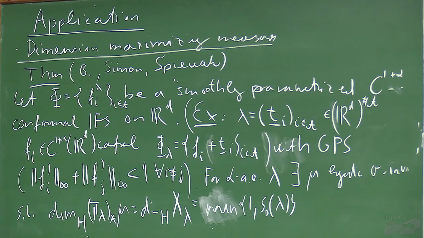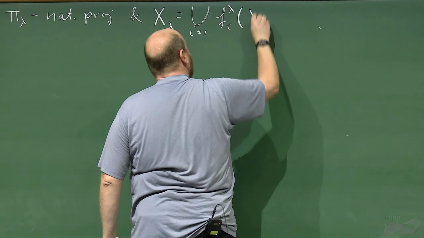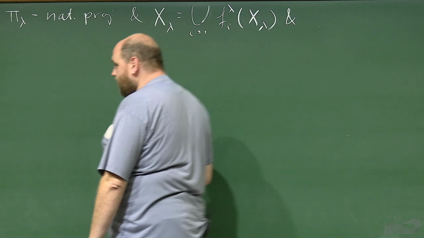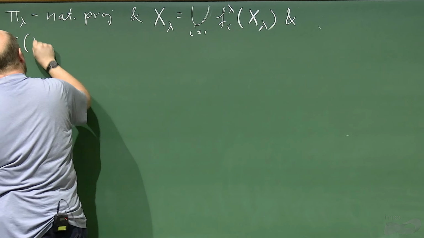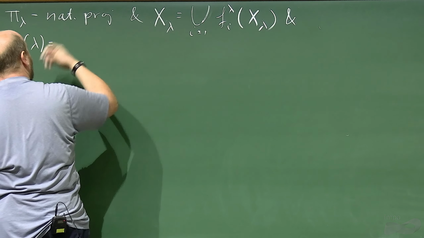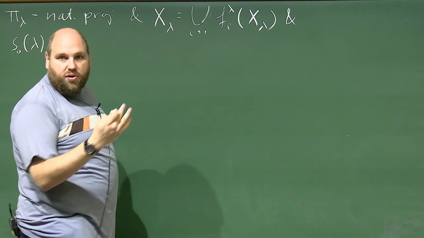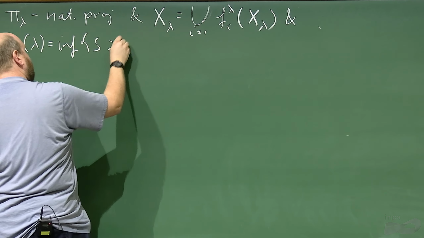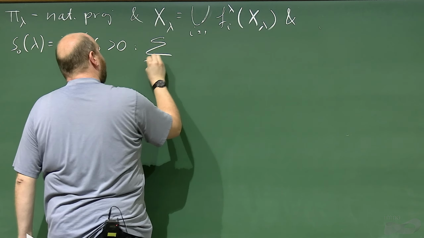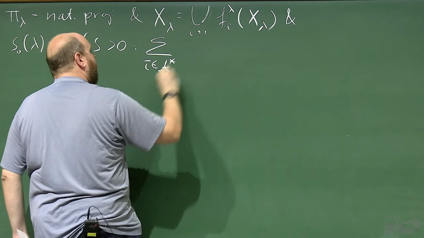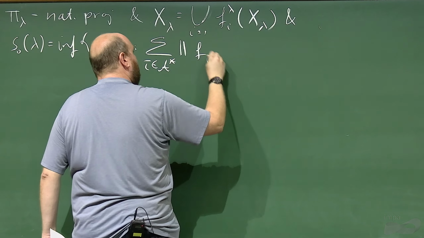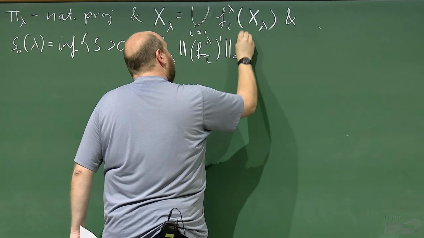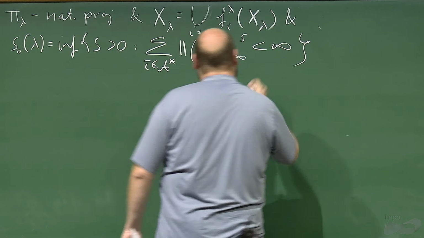X lambda is the attractor, my unique invariant compact set, and S naught is the Hausdorff dimension on the symbolic space, which is the smallest s such that if you sum over every finite composition of the derivatives to the power s, this sum will be finite.